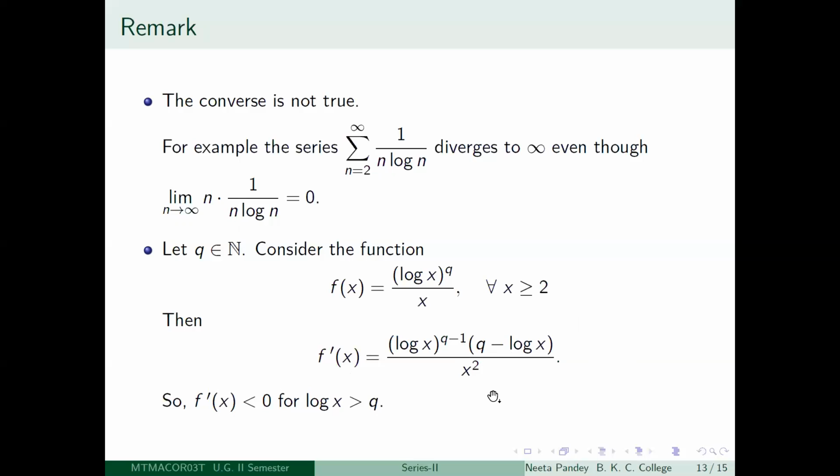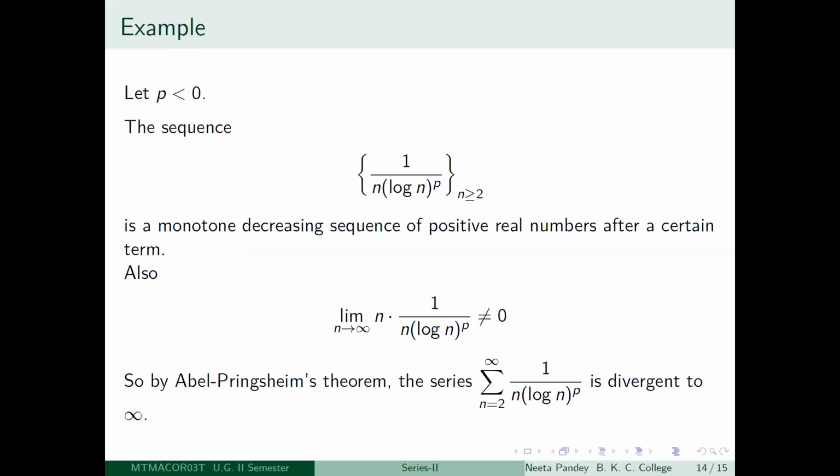So we did not get a very neat thing where it was less than 0 throughout, but at least if log x is greater than q, then the function is monotone decreasing. Now we are looking at this particular sequence.